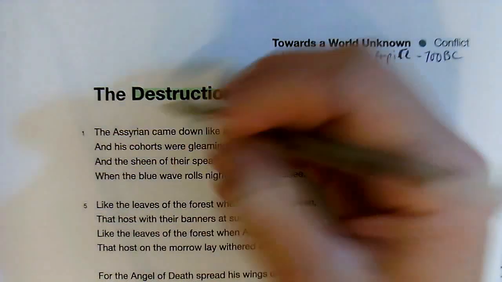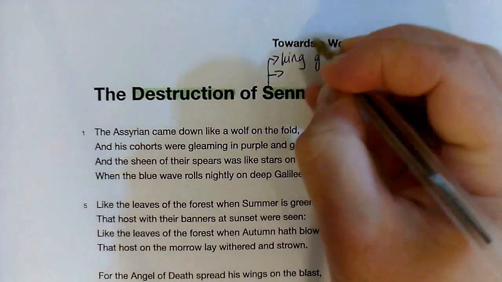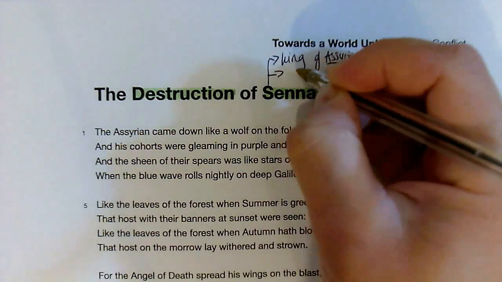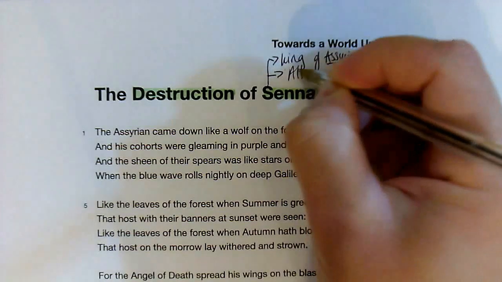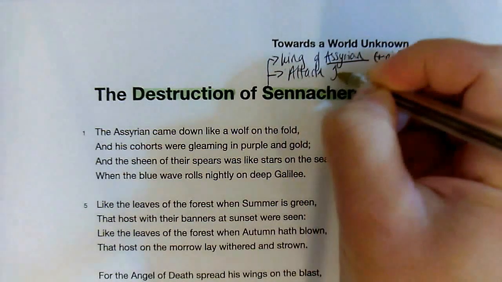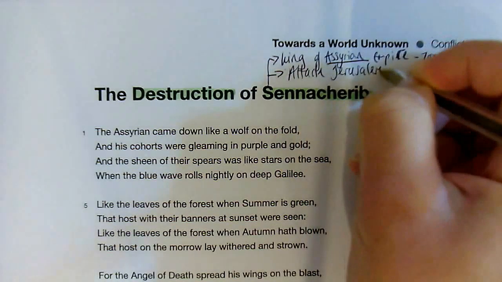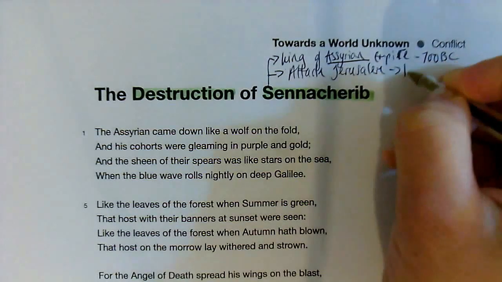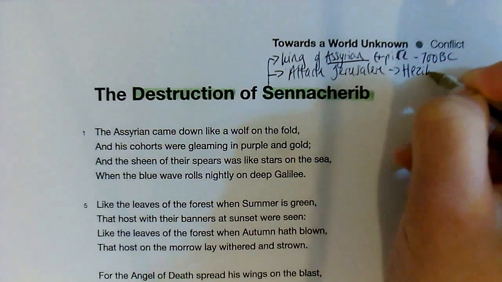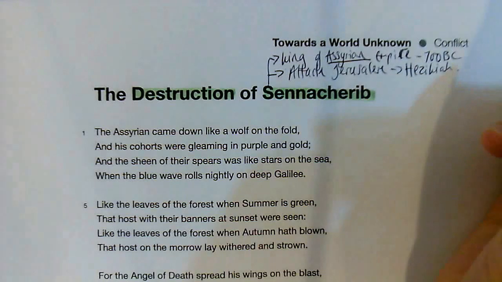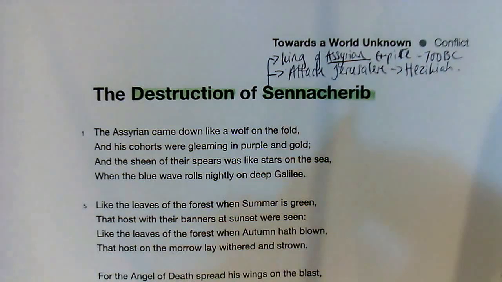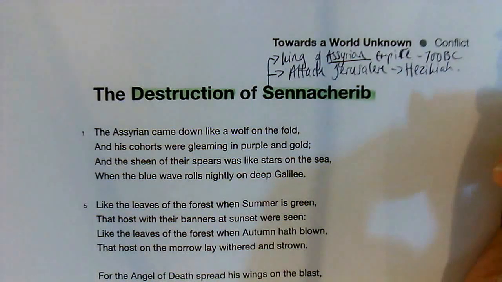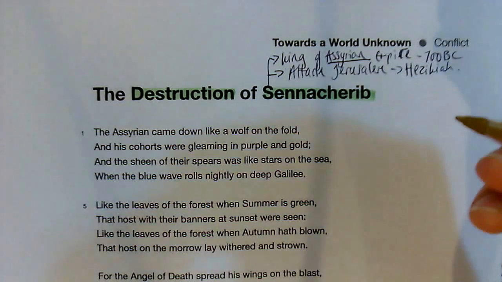And this particular poem is set just as the army is about to attack Jerusalem. Now King Hezekiah is on the throne here. He's a Jewish king. He rules over that area that we would call Israel today.